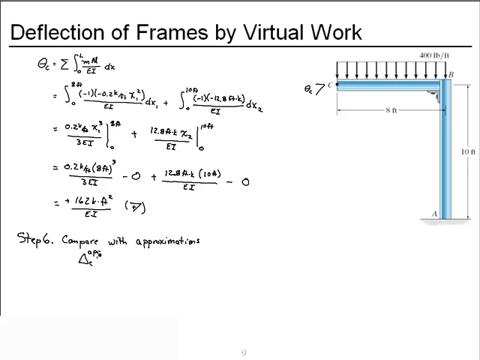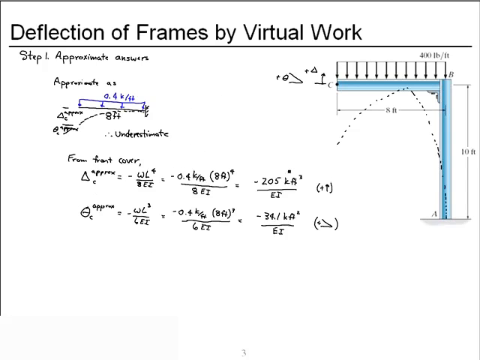We approximated the vertical displacement at C to be a negative 205 kip-foot cubed over EI, where up is positive.